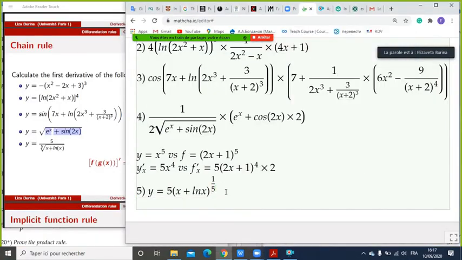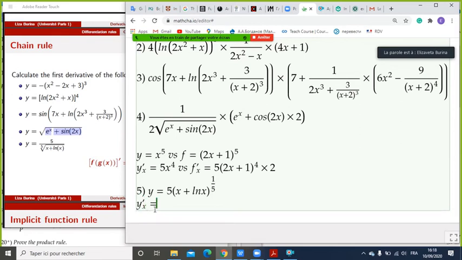So then I can think of it as, well, let's take a derivative. So the derivative here will be, the outer function is power. So the exponent 1 over 5, and certainly the coefficient 5.